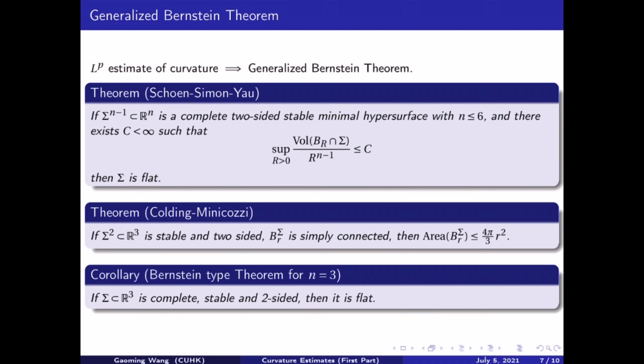Moreover, by the result of Colding and Minicozzi, for any two-sided orientable simply connected minimal surface, Σ has quadratic area growth at most. Combining these two results, we can remove the area growth condition in the result of Simon and Yau for the special case n equal to 3. This result says for any two-sided complete stable minimal surface Σ, it should be flat.